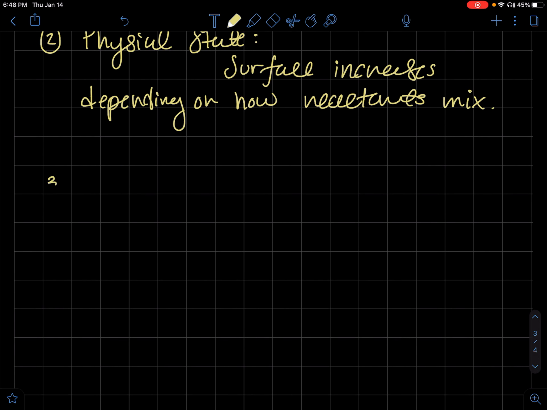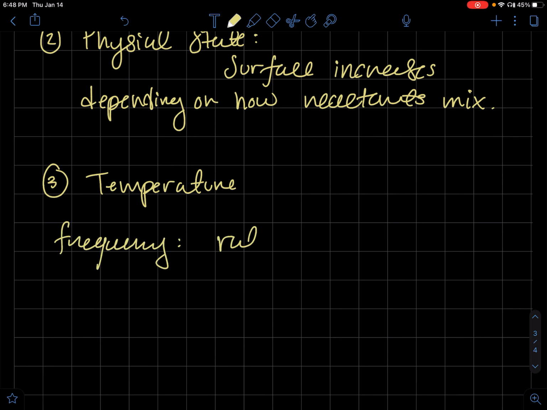Next is temperature. So the temperature affects the reaction rate by increasing the frequency of the collisions as well. So the rate is directly related to the collision frequency, which is then related to the temperature.